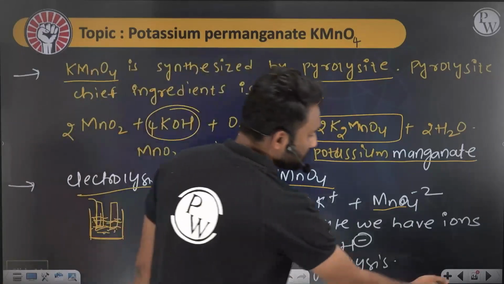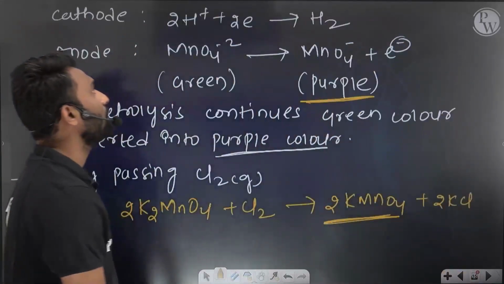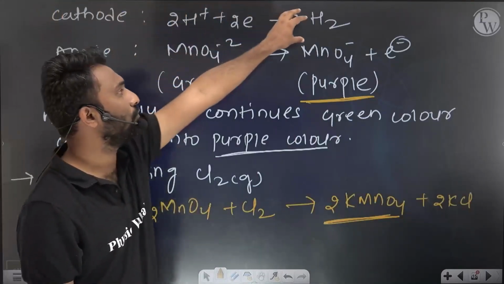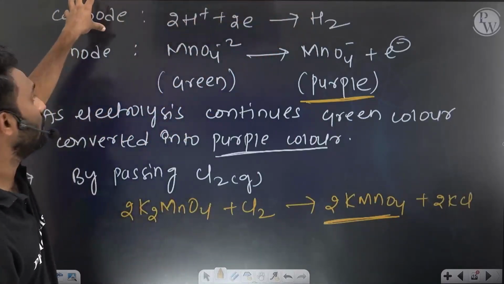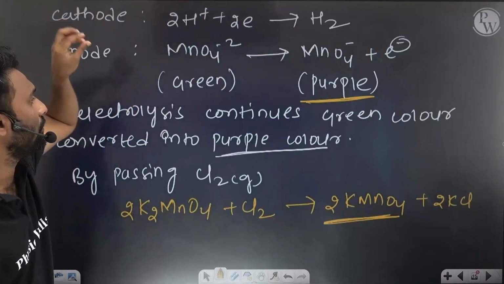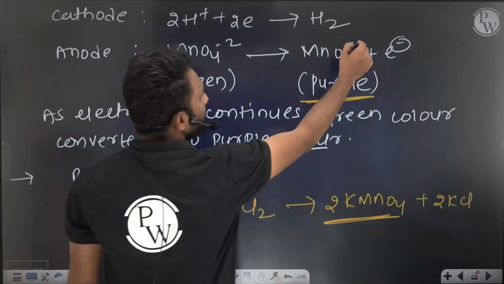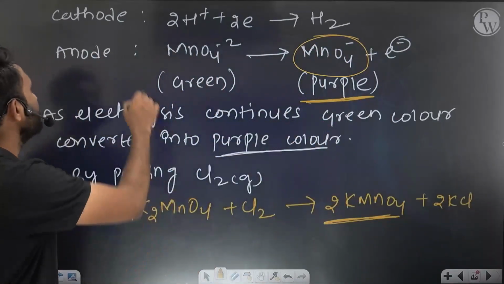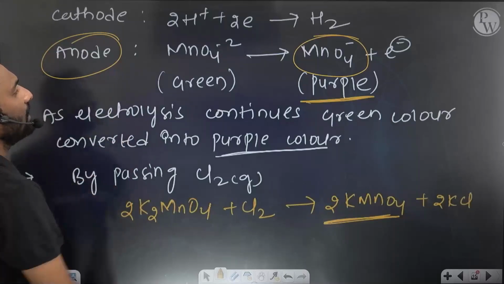Now water is partially hydrolyzed. After that, at the cathode and the anode, H2 gas will be deposited at the cathode. Now here MnO4 minus will be deposited at the anode.